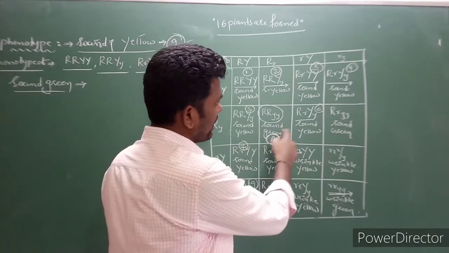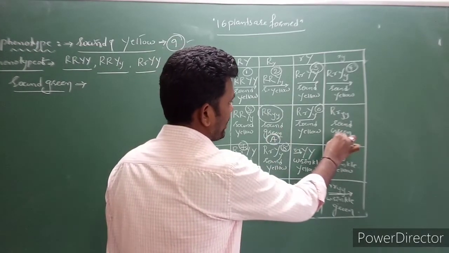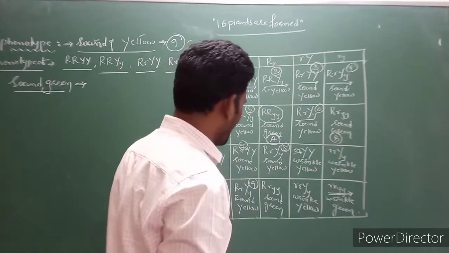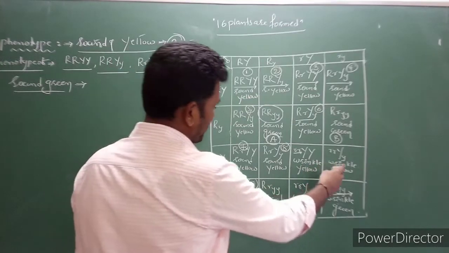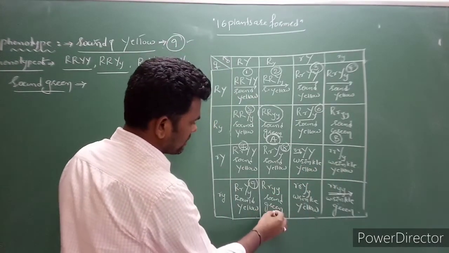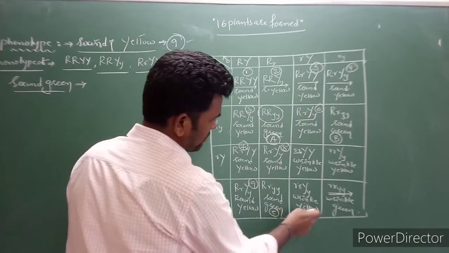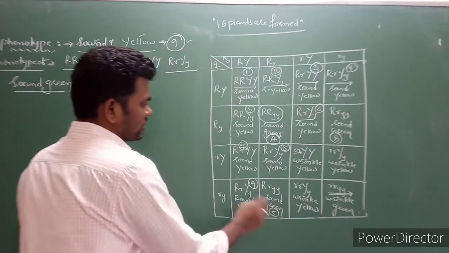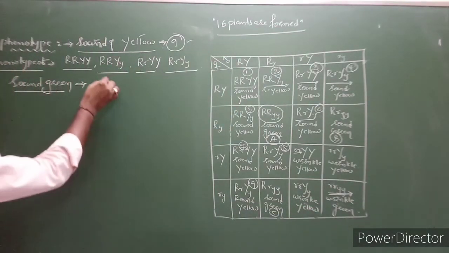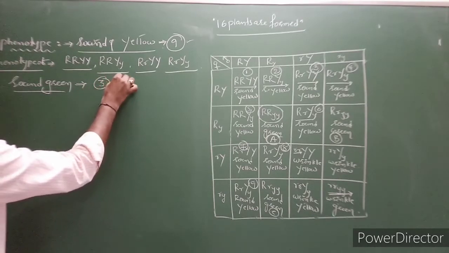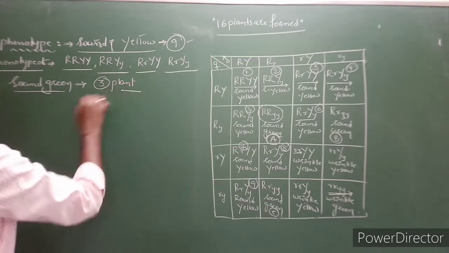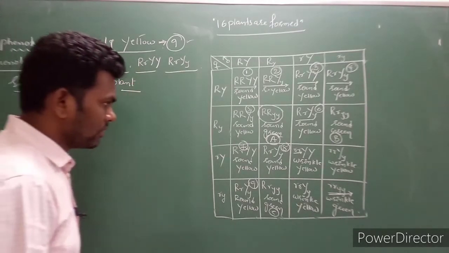This is one round and green. This is round and green. B. But for identification, round and green. Okay. So how many? 3 plants. So 3 plants are showing round and green.